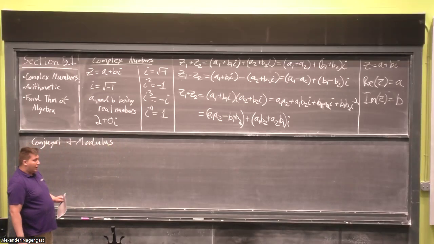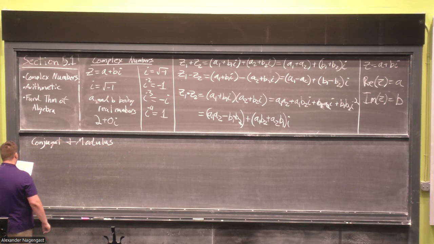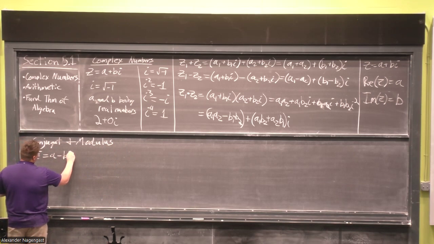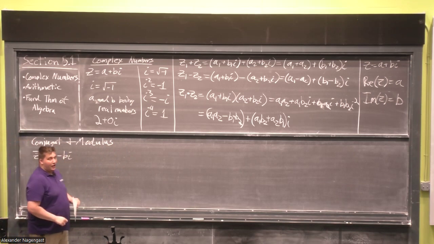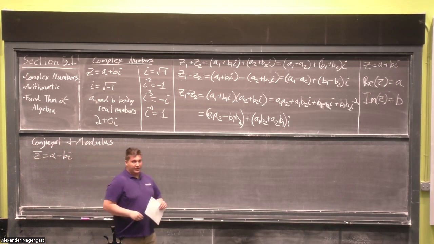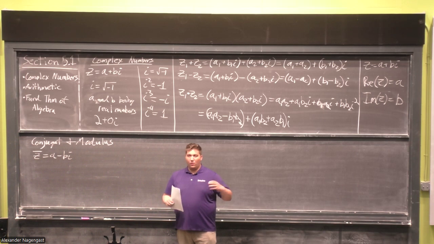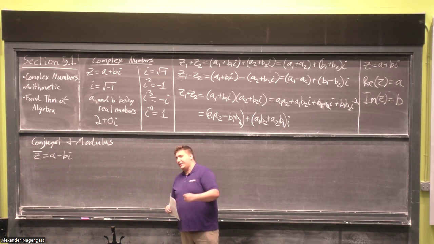So for a conjugate, what we have is z bar, which is a minus bi. In other words, I'm taking the complex number and only the imaginary part, I'm attaching a negative to it.